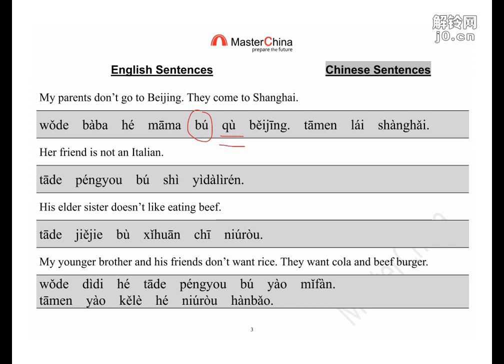People noticed that when you read two fourth tones in a row, it's nearly impossible to make them, and your throat cannot bear it. You can try yourself. 不去, very strong, two strong tones, very hard to make. So that's why your throat automatically adjusts, and 不去 is more comfortable. So you can see this rule is not made by people. It's just limited by the physical structure of your throat. So that's why I don't name it as a rule.